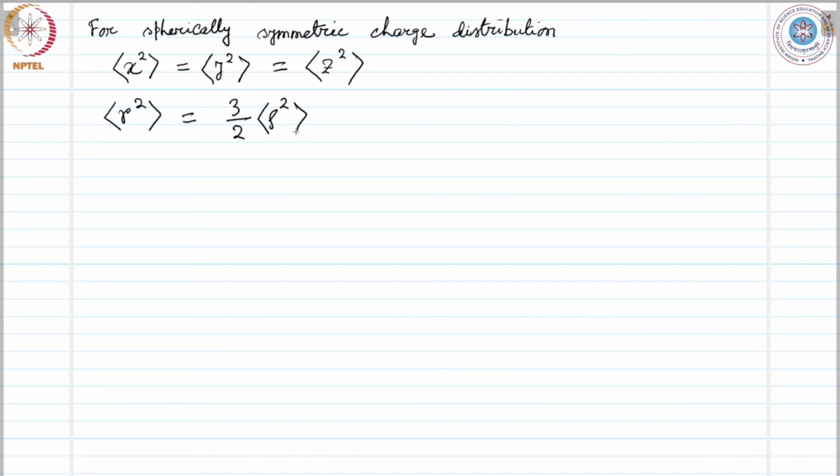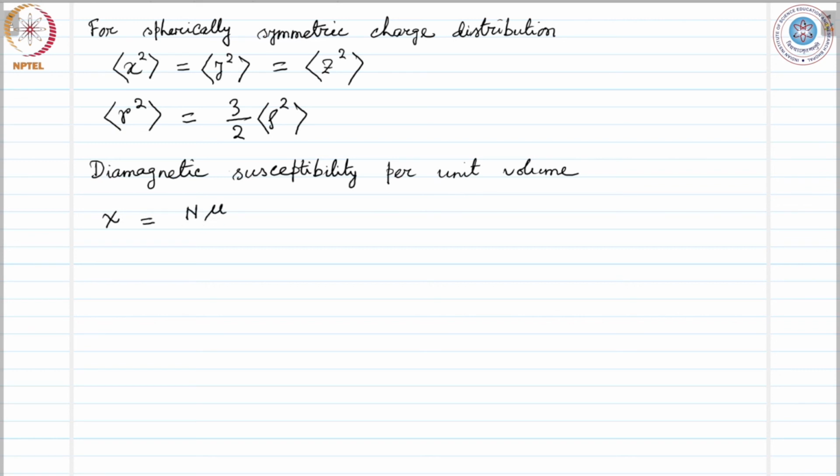So after doing all these, we can find the diamagnetic susceptibility per unit volume as chi equals n mu over B. Mu is the magnetic moment, equals minus n Z e squared over 6mc squared times the average of r squared.